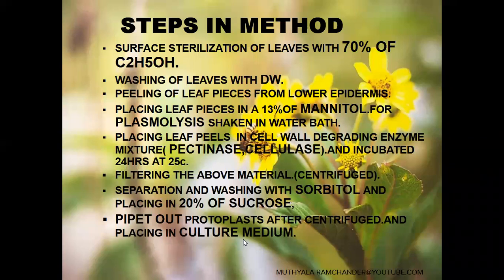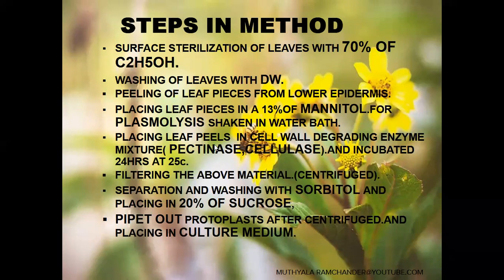See, it is the main procedure. First, the selected parts from the parental plants are cleaned with 70% ethyl alcohol. Later, they are cleaned with distilled water. We collect peels and treat them with 13% mannitol solution for plasmolysis.